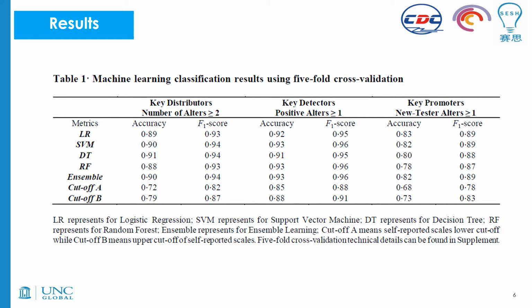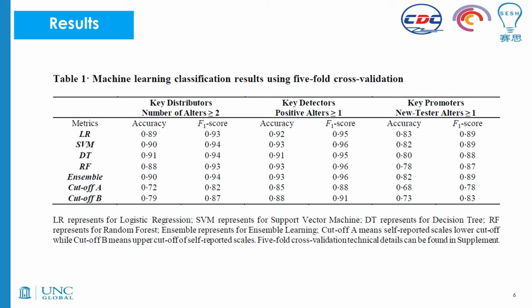About the results of this study, we present the machine learning classification results using 5-fold cross-validation, and the ensemble machine learning achieved the highest accuracy and F1 score in three types of key influencer identification.